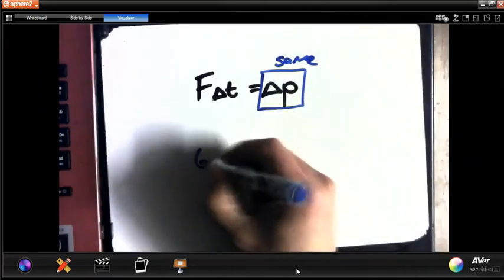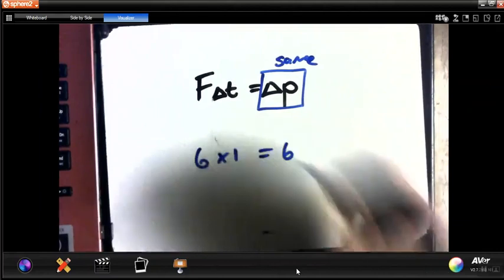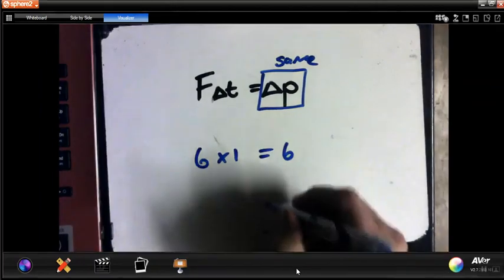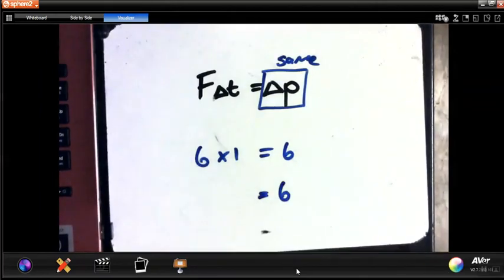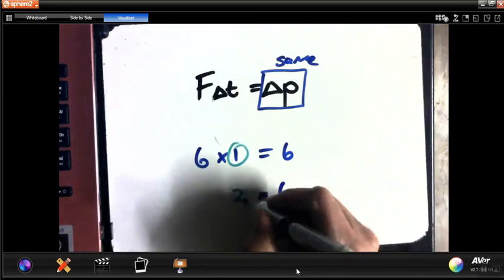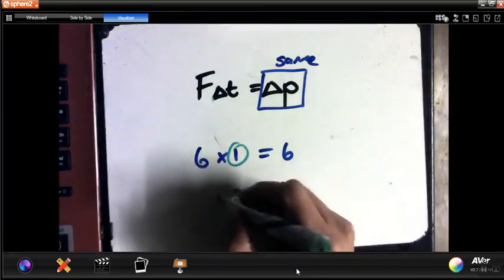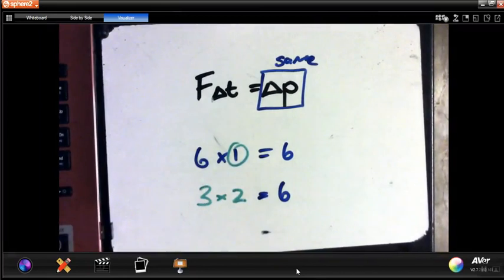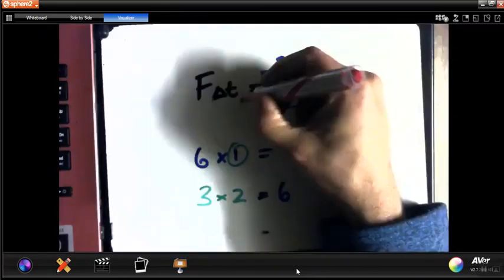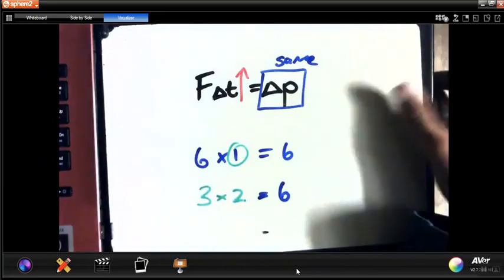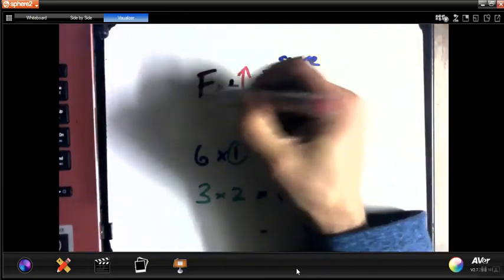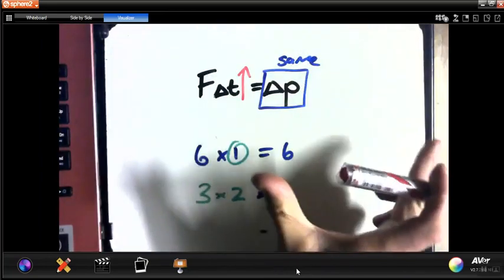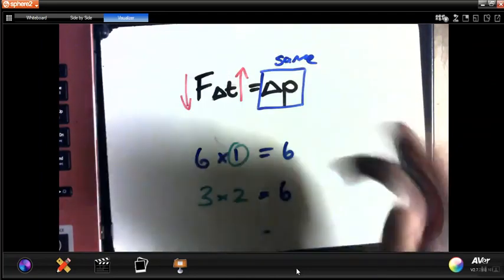If 6 times 1 gives me 6, and I still want an answer of 6, because my answer needs to stay the same, but I increase this value, what's going to happen with the other value? It's going to decrease. So as the time of the impact increases, the force is distributed over a longer period of time and the force decreases.